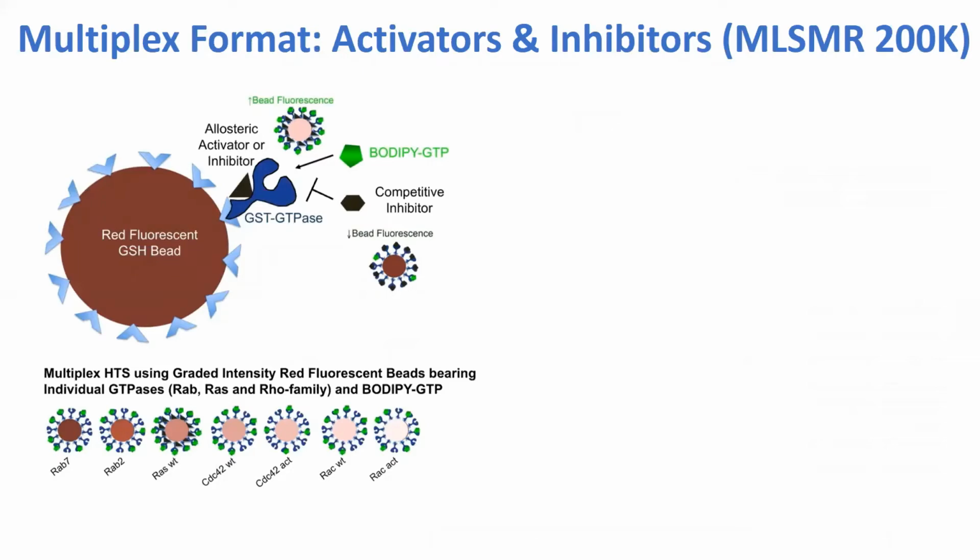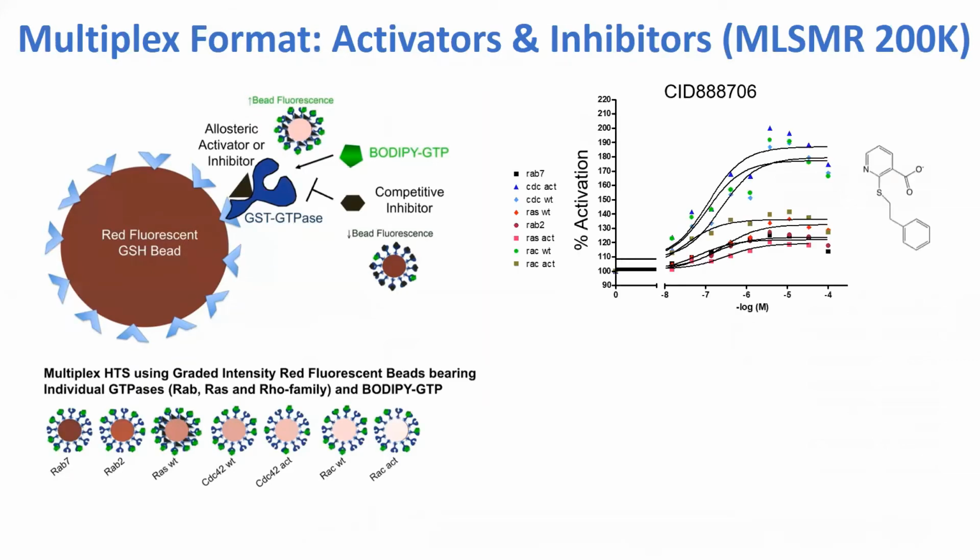We have used a multiplex approach to search for small molecules that regulate the low molecular weight GTPases. The GTPases are bound to glutathione microspheres that are color-coded by red fluorescence intensity.